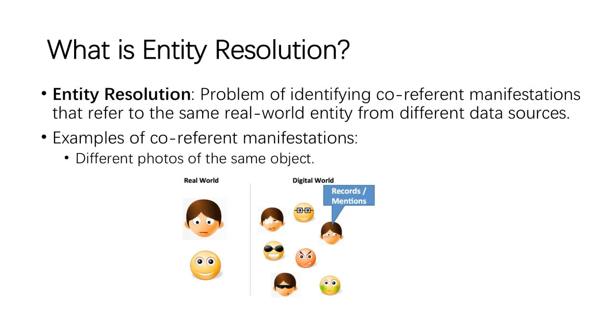And another example is if we move on to the other modality, which is multimedia. You can imagine that for the same person here, we just use some animated icons as an example. Assuming that we have two real-world persons, and if we look at all the digital pictures about them, let's say one of them is a celebrity, so there will be a lot of pictures.